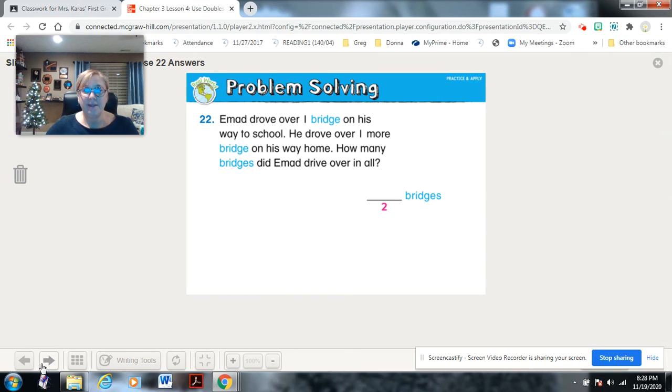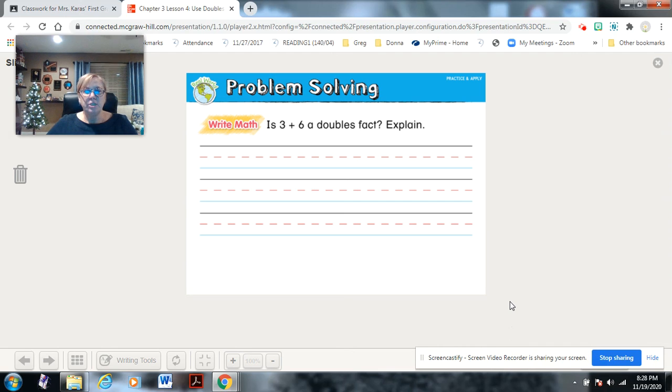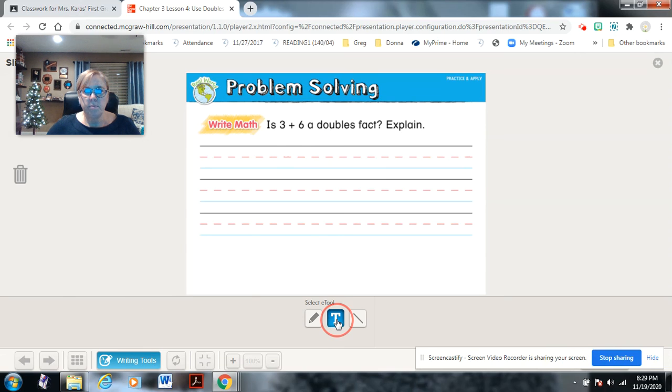Very good. Okay. Is 3 plus 6 a doubles fact? Explain. Well, let's think about what we learned about doubles facts. Doubles mean 2 of the same number. Are the addends the same? No. So we're going to put, here we go.